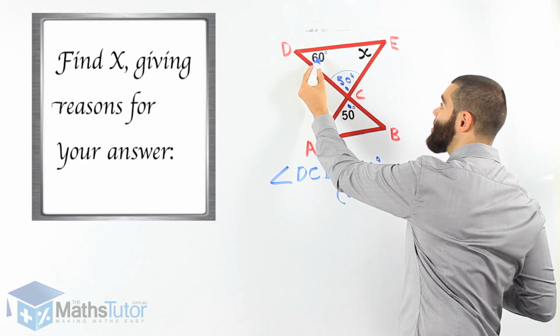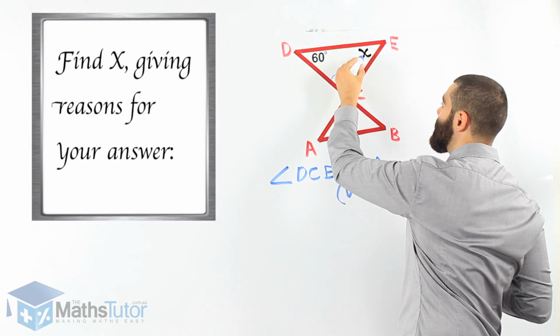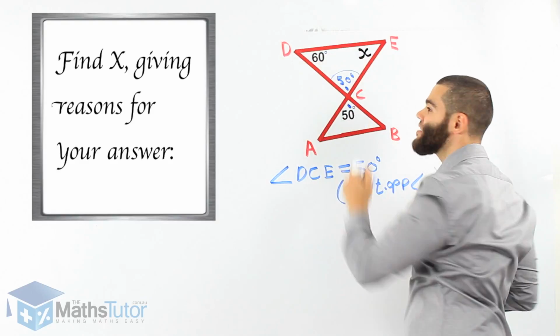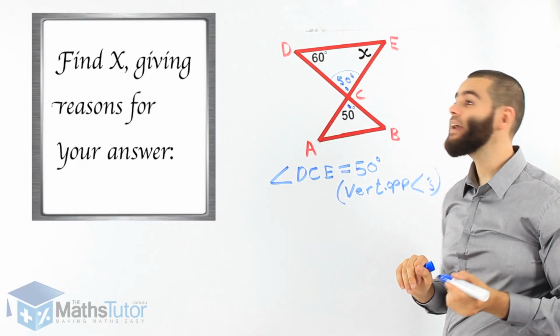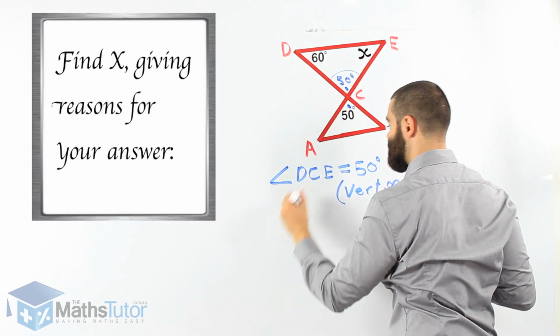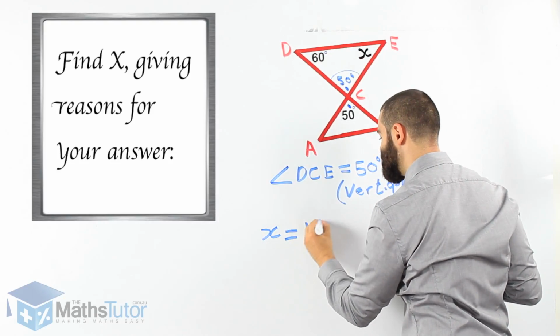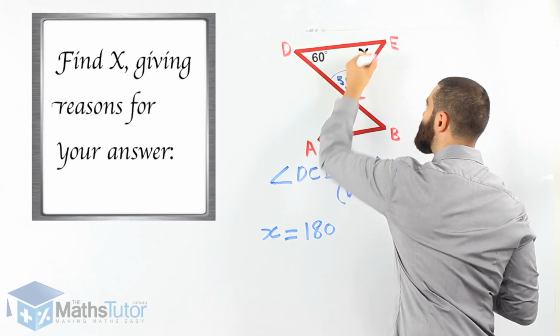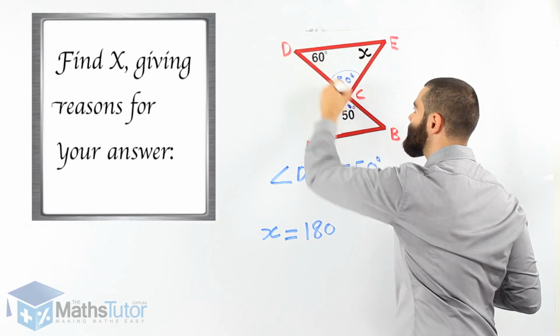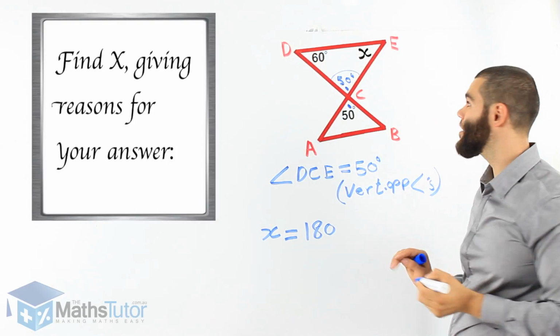We have this angle 60, we have this angle 50, and we want to find x. We can now use angle sum of a triangle. So x is going to equal 180 degrees, which is the total in the triangle. Angle sum of a triangle, 180 degrees.